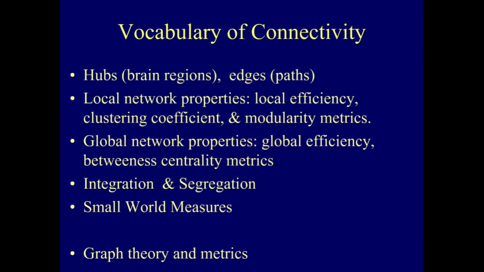And there are global network properties, which include global efficiency and betweenness centrality metrics. And this is the distinction between segregating processing within a narrow region versus integration across a wider range of brain regions and networks. Altogether, these are considered to be small world measures, and this is the language of graph theory and metrics.